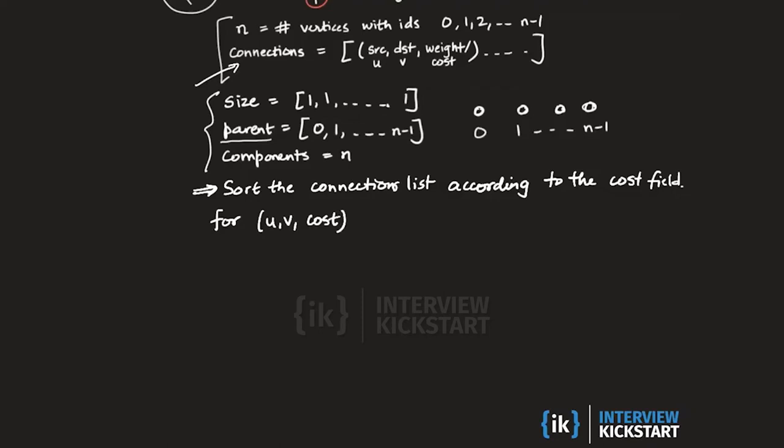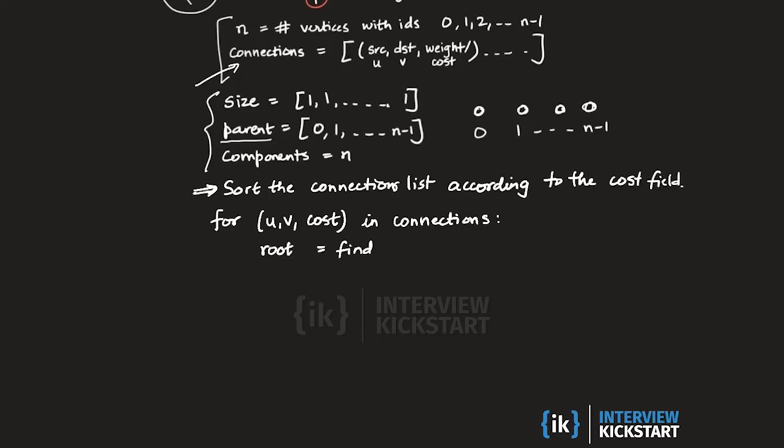So each entry in the connections list is going to be a triplet. For each edge that we consider, we are going to have the same code as before. We will find the leader, sorry, this should be u.